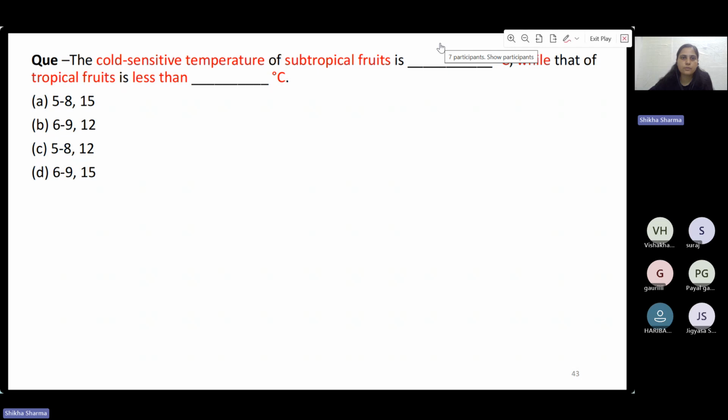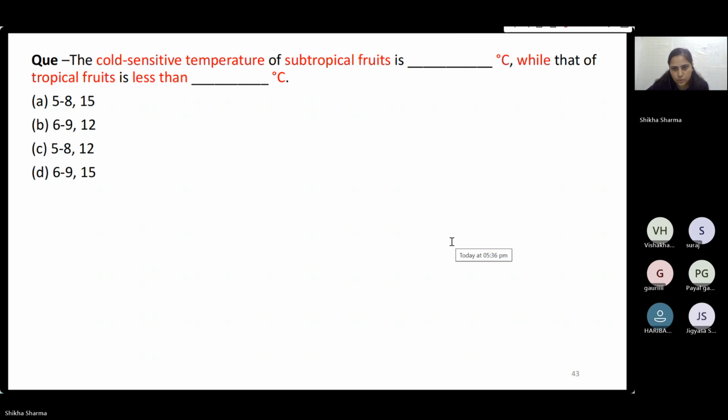The cold sensitive temperature of subtropical fruits is dash degrees, while that of tropical fruit is less than dash degrees. So there is one question. By using ice, we can rapidly reduce temperature. As we know that ice is widely available, chilling is the most economical way to preserve the fruits.